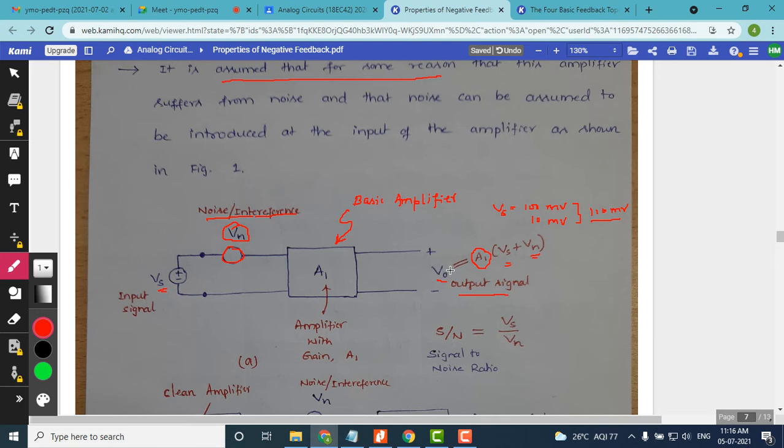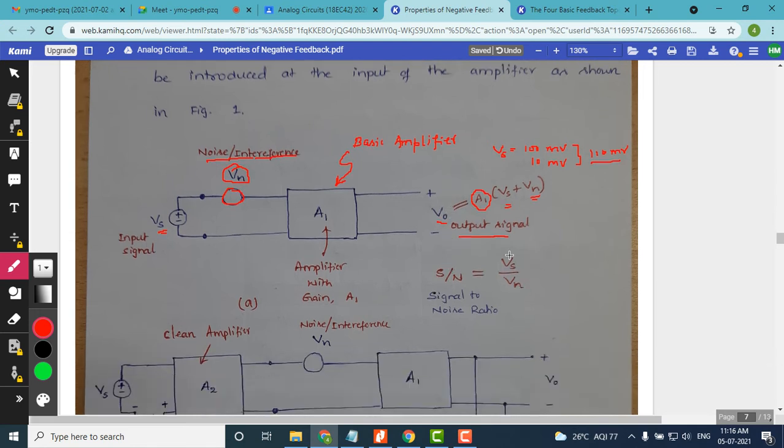Now, the signal to noise ratio definition is Vs by Vn. If we take a ratio of the signal component by the noise component, that is Vs by Vn, it is called the signal to noise ratio. The higher the signal to noise ratio, the better, that means Vn should be less and Vs should be larger.